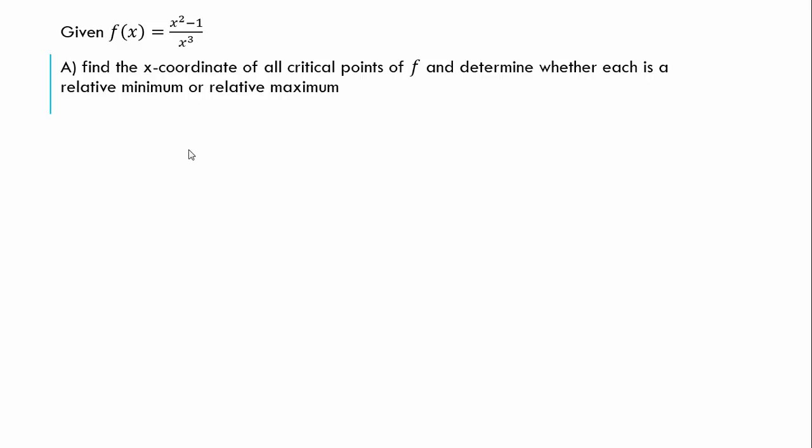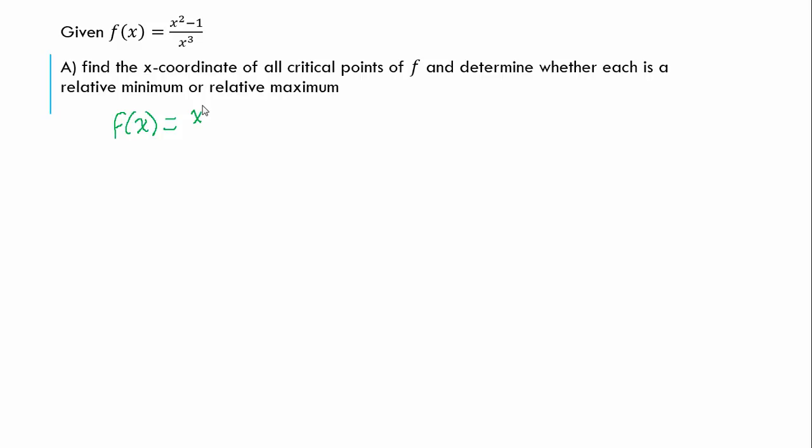Okay, so we are trying to find the critical points. So remember, critical points are where the derivative is equal to 0 or where the derivative is undefined. So before I take the derivative of this function, I'm actually going to try and make it look a little bit simpler. And the way I can do that is I can actually split up the numerators.